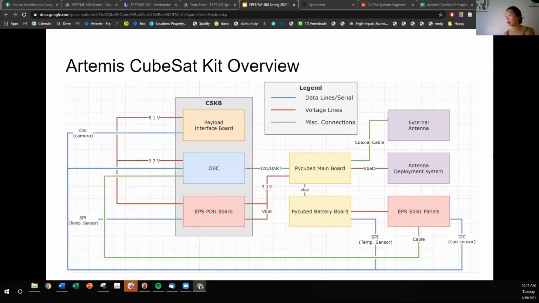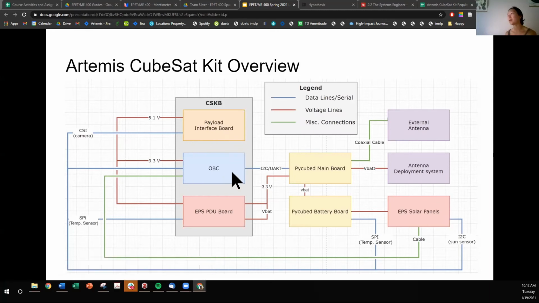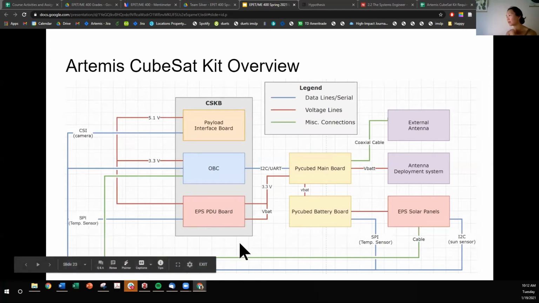So here I wanted to show you interfaces between the different subsystems. You'll see that there are different voltage levels defined for, say, the payload and for the onboard computer that are given by the electrical power system.